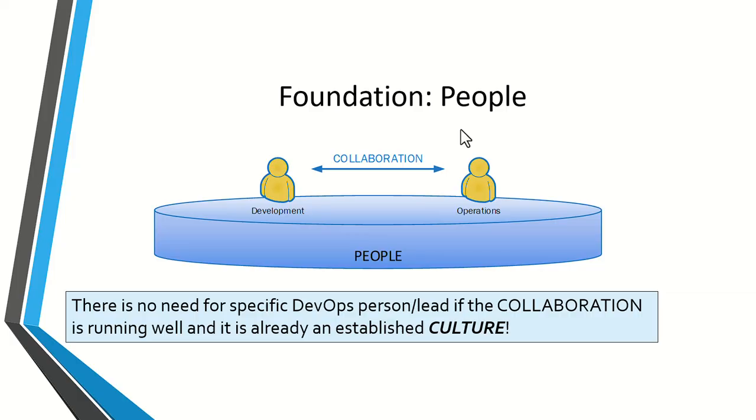Are you sure that there is no silo? You cannot just deploy, you need to ask me first. I'm going to choose if your application is fit to be deployed. No, you cannot deploy because the Windows is not ready yet. If that kind of thing is still there, I can say that you don't have DevOps established.